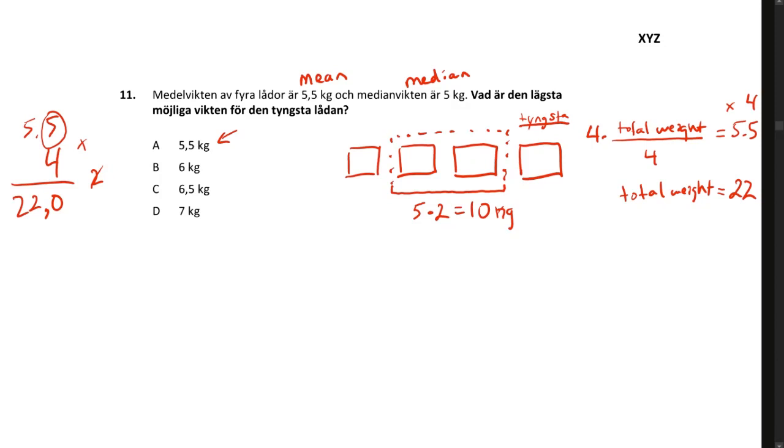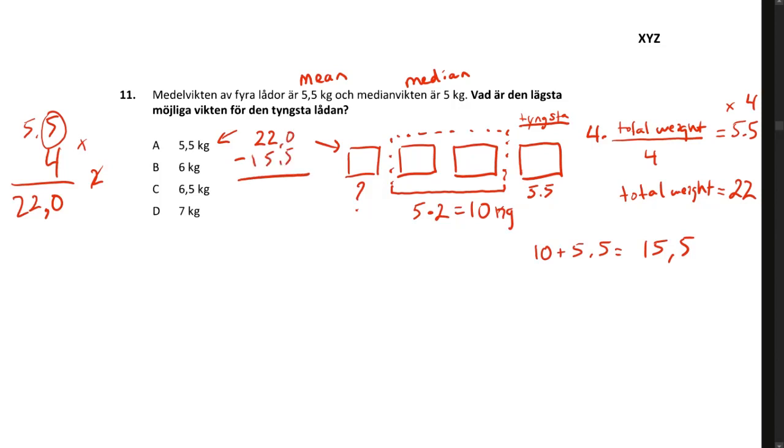So for example, if this is 5.5, that means that the total weight must be 22. So if we're looking for this box here, 10 plus 5.5 is going to be 15.5. And if we want to find the question mark, we can do what's 22 minus 15.5.